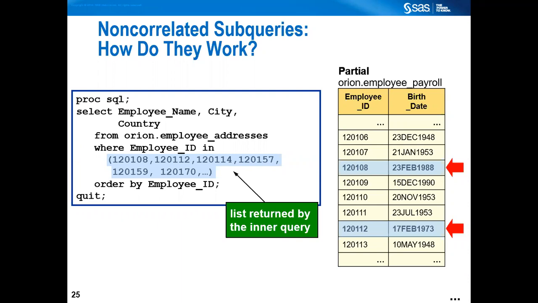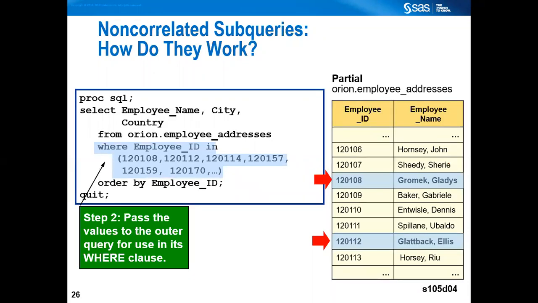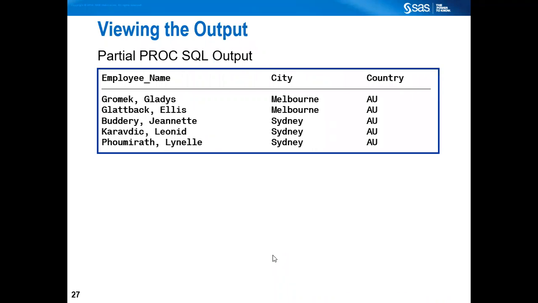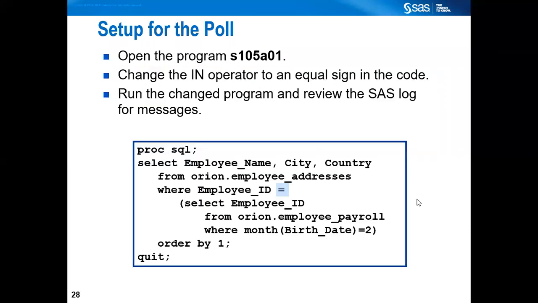Great. So this is what it's telling. Second step, pass the values to the outer query for your where clause to subset. So you get all the employees with their name, city, and country from the month of Feb birthday. Okay, open this activity. They are telling: change the in operator to equal to sign in the code.